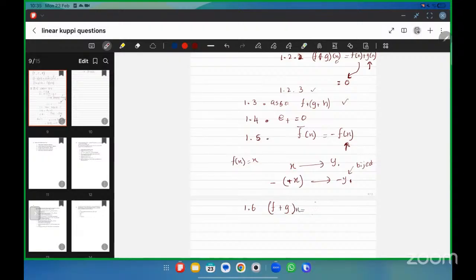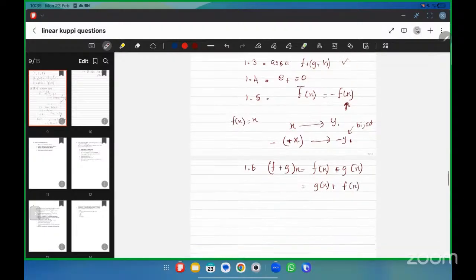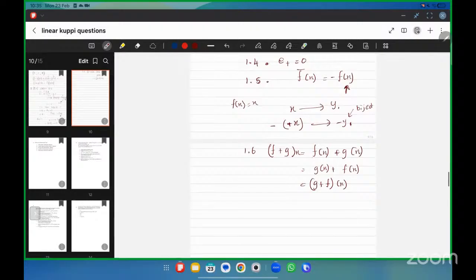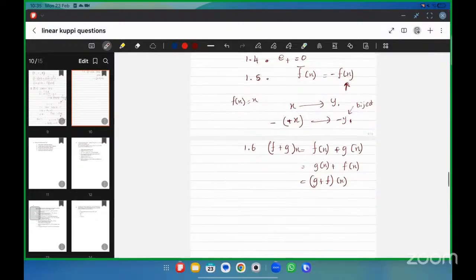So f plus g x is equal to fx plus gx, and fx and gx are real values. So when we plug in the x, we get a real output. And for the real values, we can switch things and write g plus f x. So it is commutative. So 1.6 is okay, and it's an abelian group.